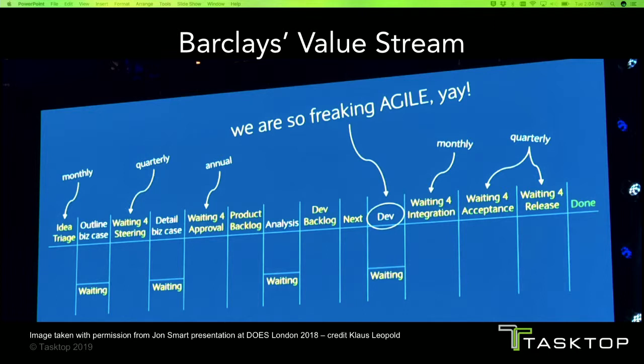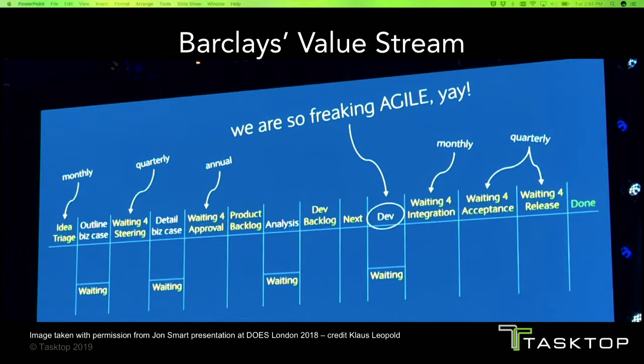So you can see, things are going really well in dev, right? Development has optimized their work, yay. But upstream, it's a monthly triage process for work coming in. It's a quarterly steering review committee, and it's an annual budgeting approval cycle.